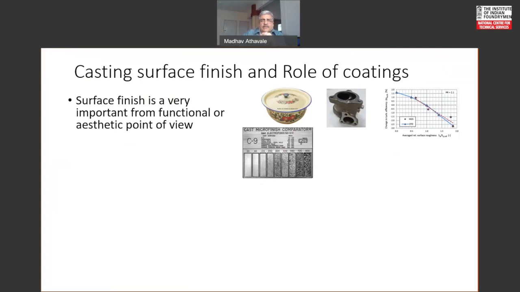Then we looked at the surface comparators, which many of you will be familiar with, and these are visual comparisons which correspond to a particular RMS value and can be used for checking the surface roughness of the casting in a given area.